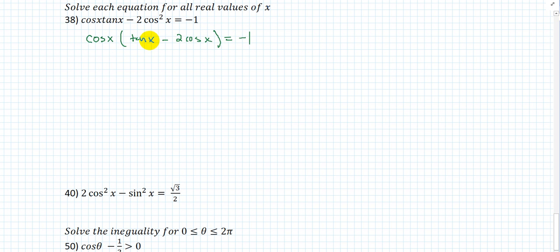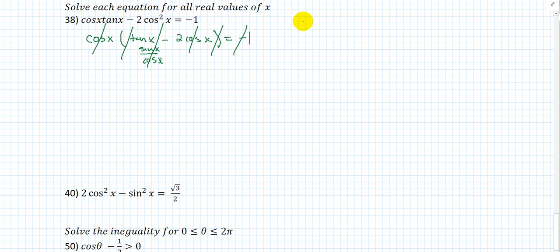I might use that tangent is sine over cosine and try to combine, but it's just going to make it uglier. I like to not erase when I take a step I shouldn't have, just in case I realize I should have done that before.